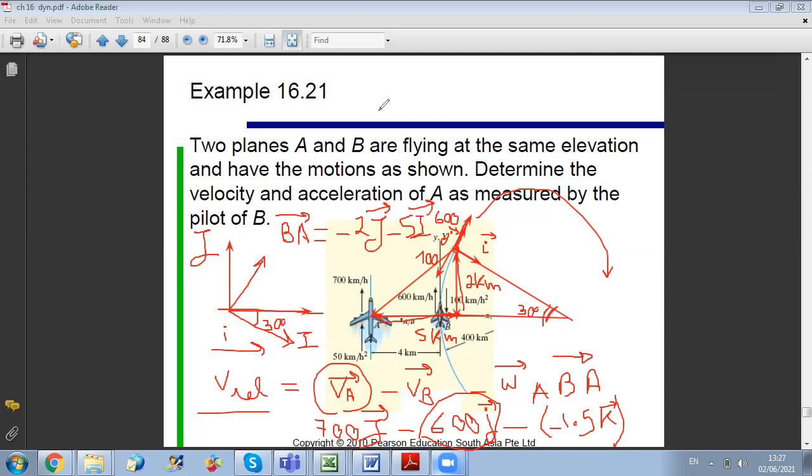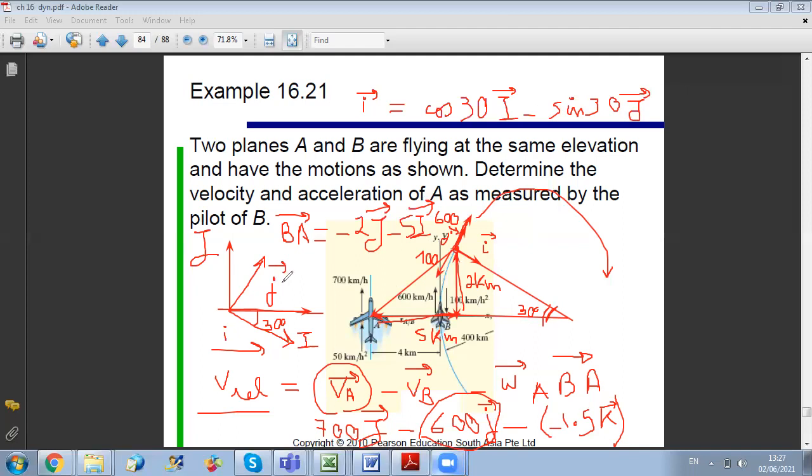I can say that small i has a positive projection along big I and a negative projection along big J. So it is equal to cosine 30 times big I and minus sine 30 times big J. Okay. And also I can express small j. If I look at small j now, it has a positive projection on both.